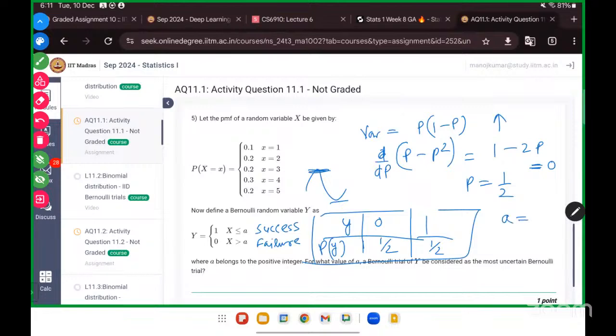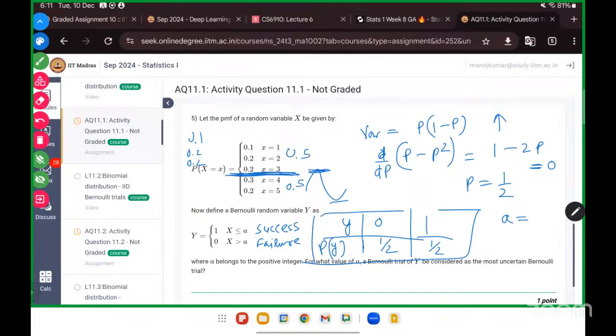So we want to find an a such that this can happen. Summing 0.1 plus 0.2 plus 0.2 gives 0.5, and the remainder is also 0.5.